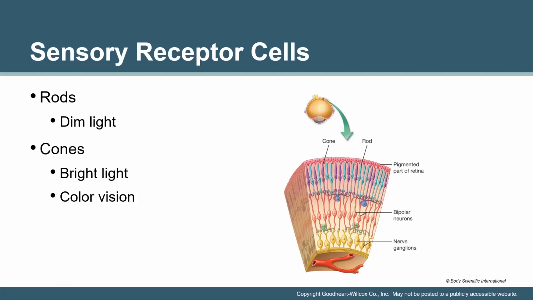So if we have damage here, we would have an inability to distinguish between colors. And this is part of the problem when someone's colorblind. Sometimes we have what we call a blind spot. And that's because we have what's called an optic disc. The optic disc is the area that's going to surround the optic nerve, the very back part of the retina.